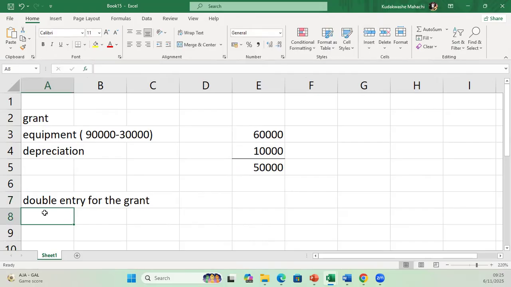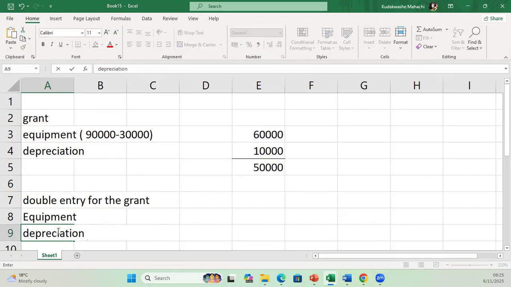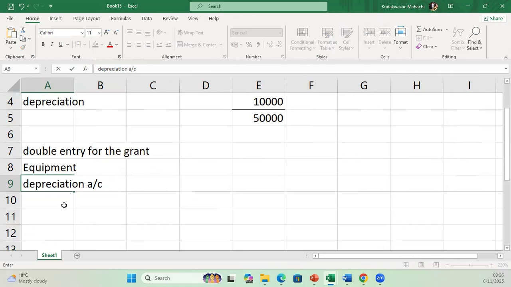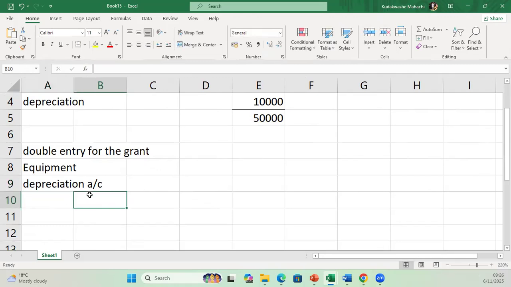So it's going to affect our equipment. It will have an effect on the depreciation account. It will also have an effect on the liability.